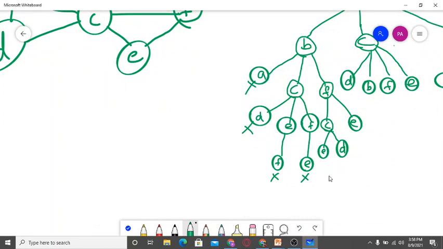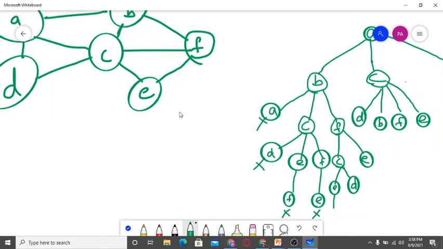Okay, fine. The next one, from E, where will it go? From E, it will go to F, and F is already here.